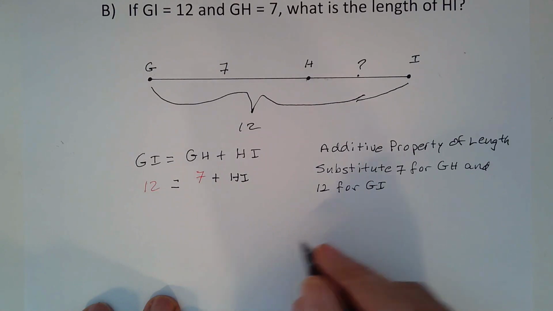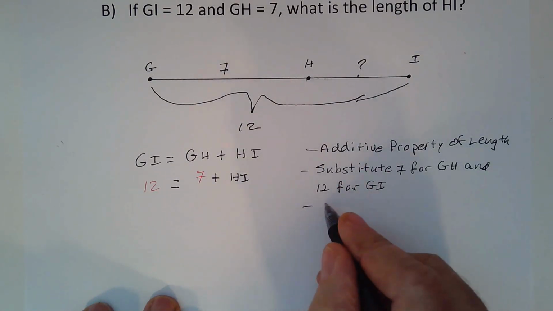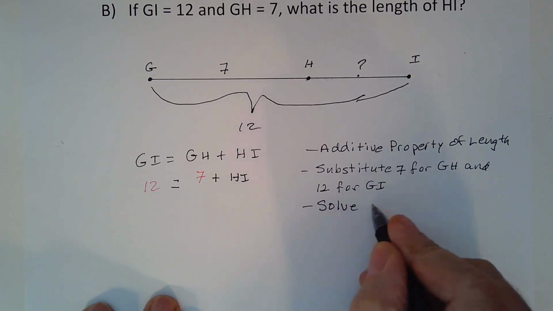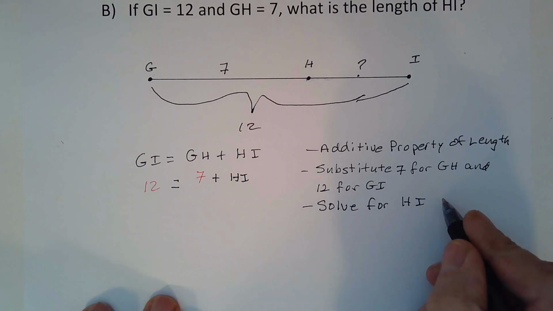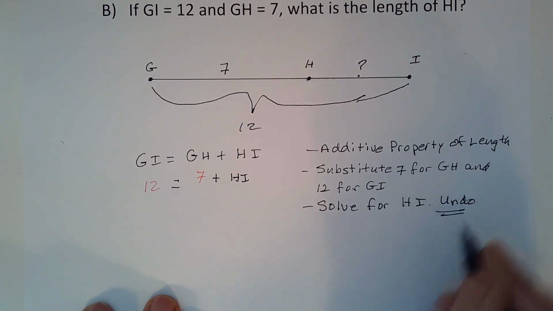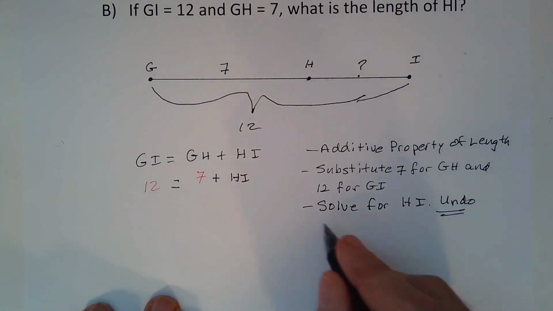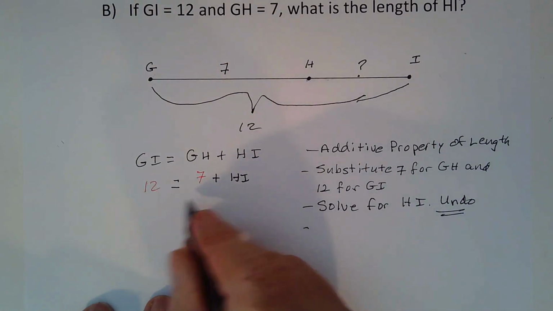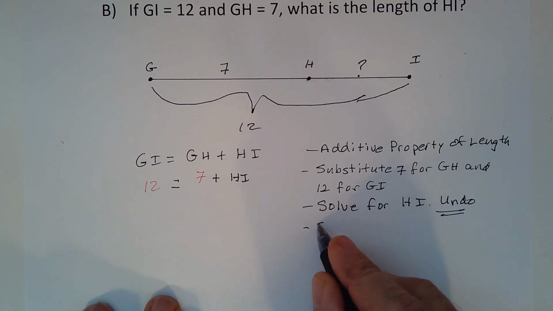So what do we have to do then? We have to solve for HI. And to do that, you have to undo, so that means we're going to subtract. We want to subtract 7 from both sides to get HI by itself.